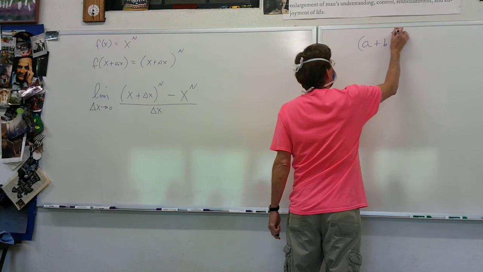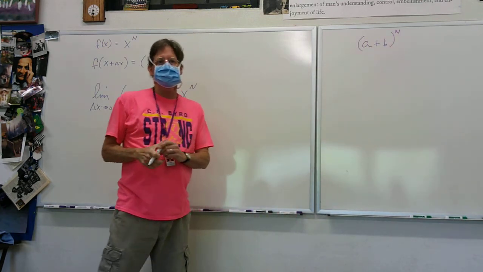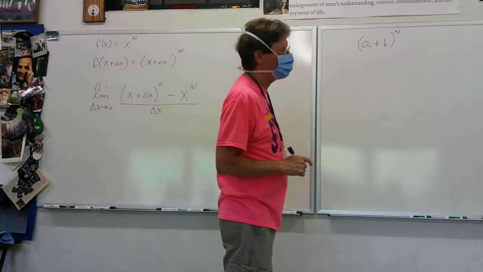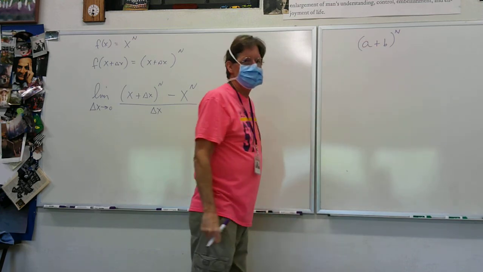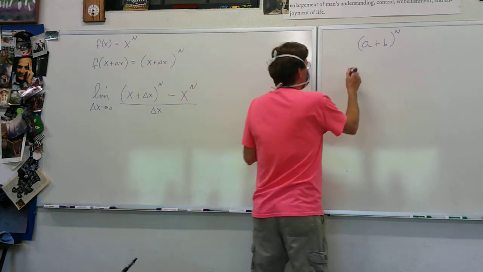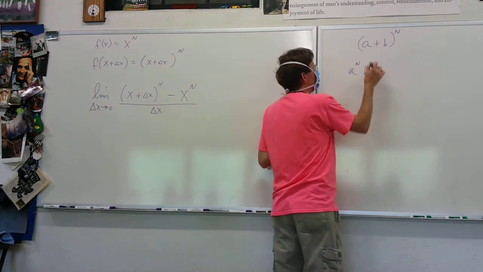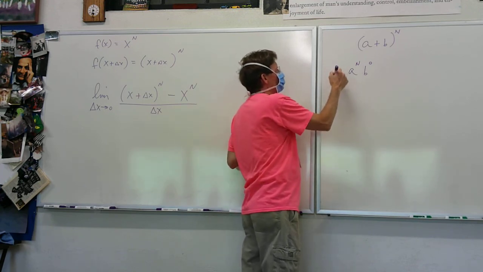Let's talk about what's called binomial expansion. I taught this in pre-calculus to my children, and I said you'd only need to know it to do one problem in calculus. Here it is. A plus b raised to some power. The first term is always a to the n, b to the 0, and I'll go ahead and tell you the good news. That turns out to be a 1 right there.